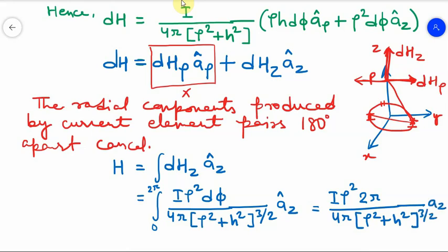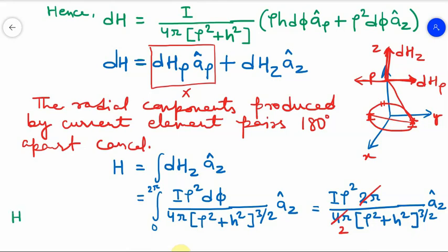The direction is along az. Okay, so this 2 pi can be cancelled with the 2.